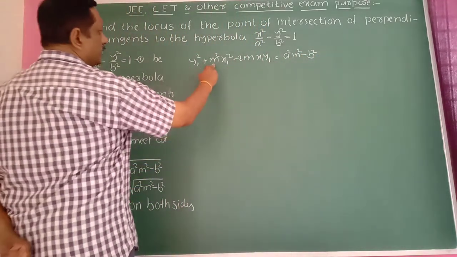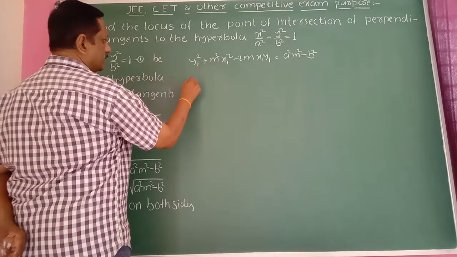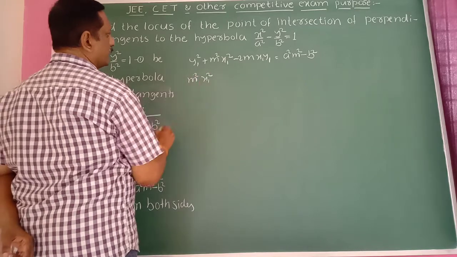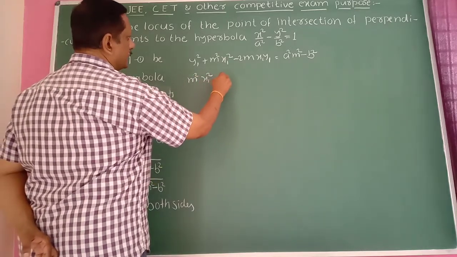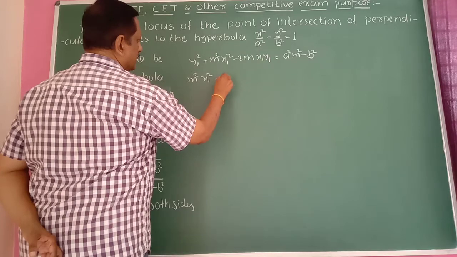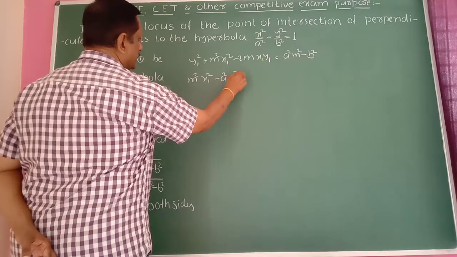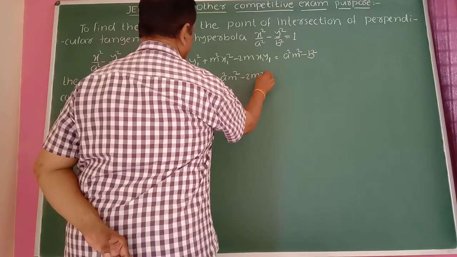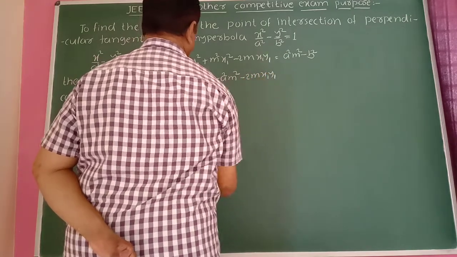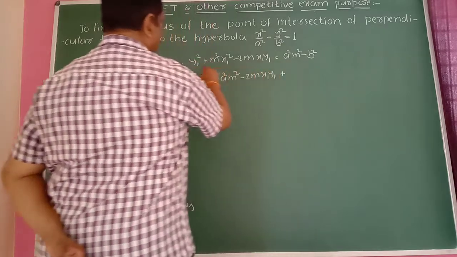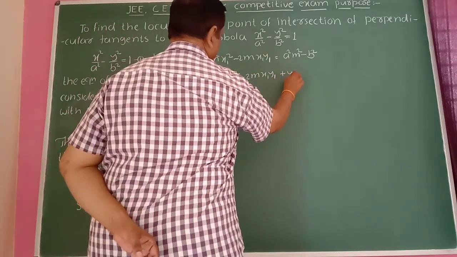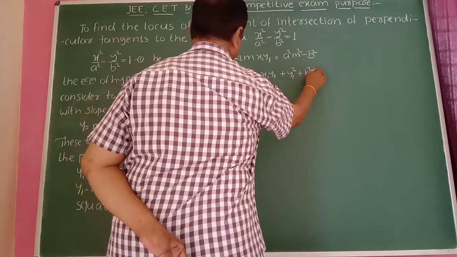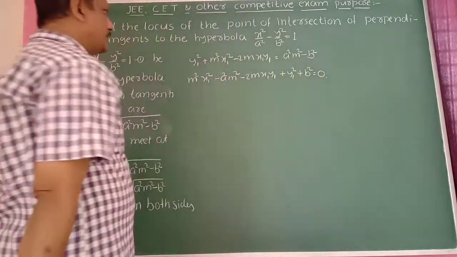Then m square into x1 square is there. So m square x1 square minus a square m square minus 2m x1 y1, then plus y1 square, take this on the left side, plus b square is equal to 0.